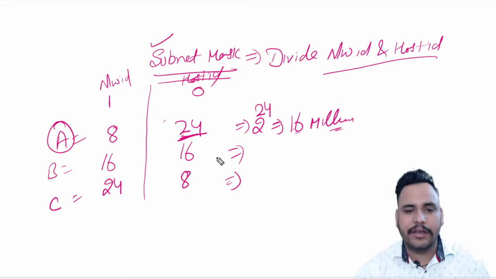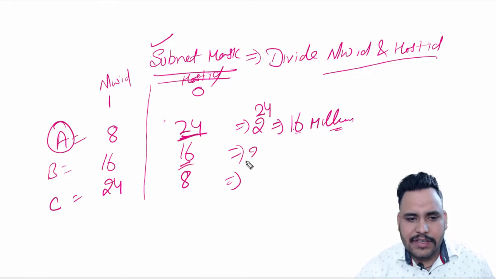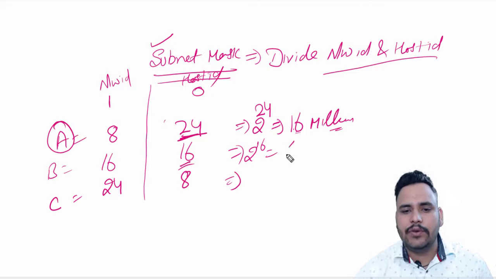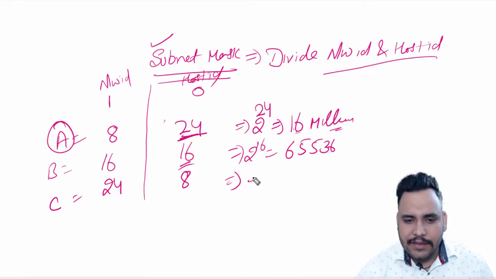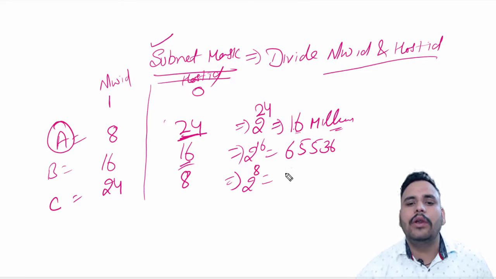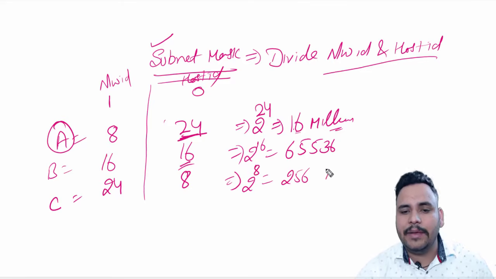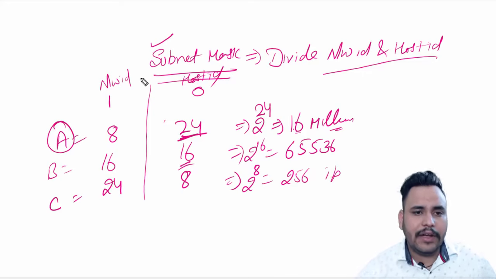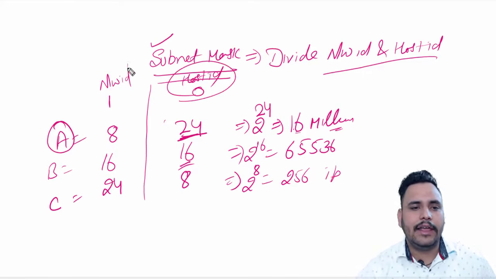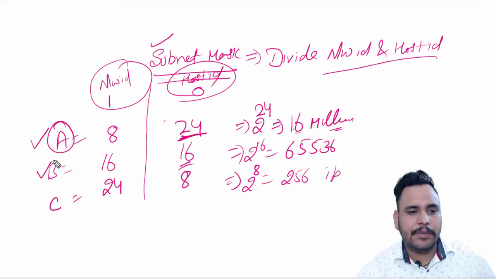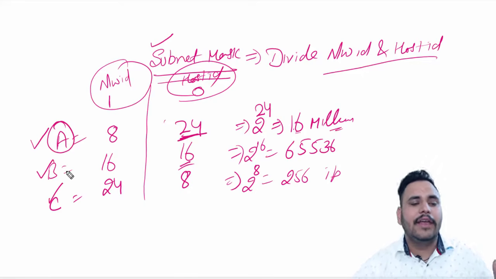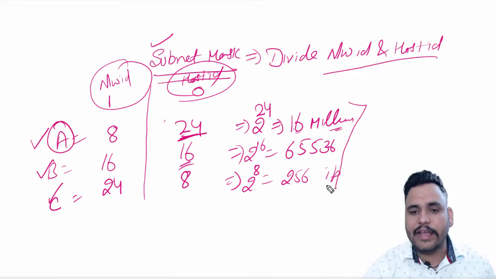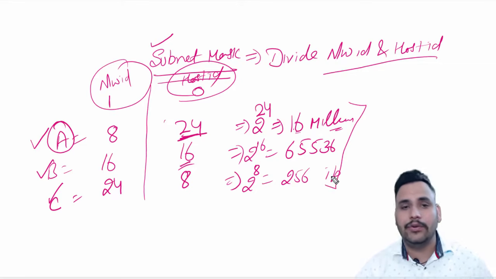In B class, 2 raised to power 16, we can use 65536 IP addresses. In C class we can use only 256 IP addresses. So network ID and host ID represent that A class, B class, and C class have their exact number of hosts, like in one class how many hosts I can use.